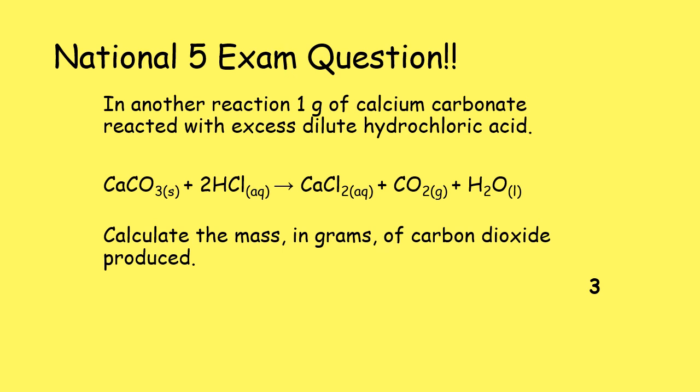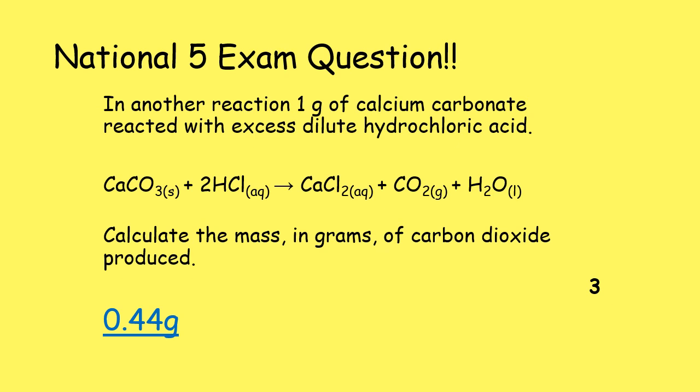If you pause the video and have a go at trying to work that out. So hopefully you've had a go at this, and you should have found that the amount of carbon dioxide produced is 0.44 grams.